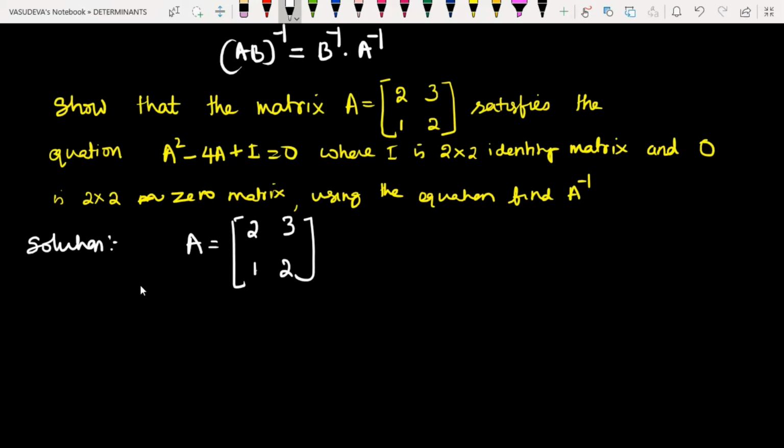And we have to take A square minus 4A plus I. For this we have to find out A square. That is, A square is taken as 2, 3, 1, 2 multiplying with the same matrix 2, 3, 1, 2.